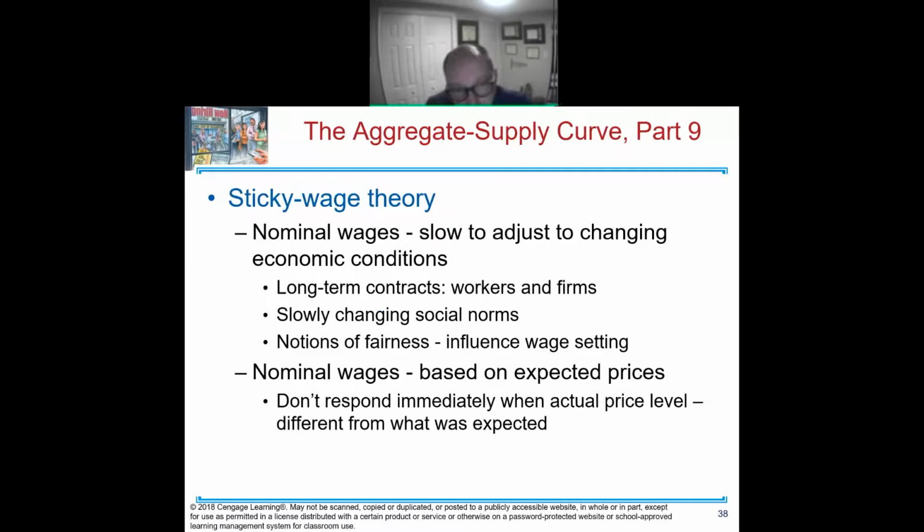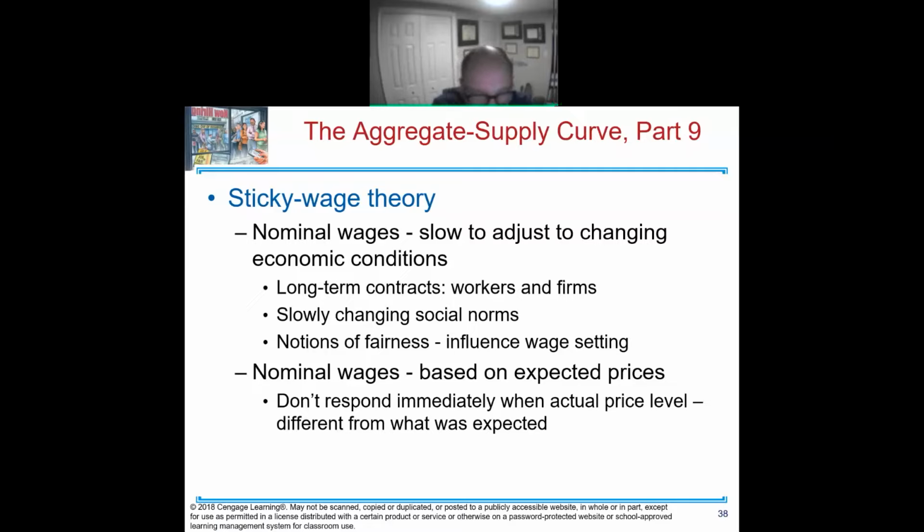Sticky wages. Think of bubble gum, yeah? You ever get bubble gum stuck to your fingers? Or super glue, maybe? It gets slow to adjust. It's sticky, yeah? So let's talk about wages. They're slow to adjust to changing economic conditions.